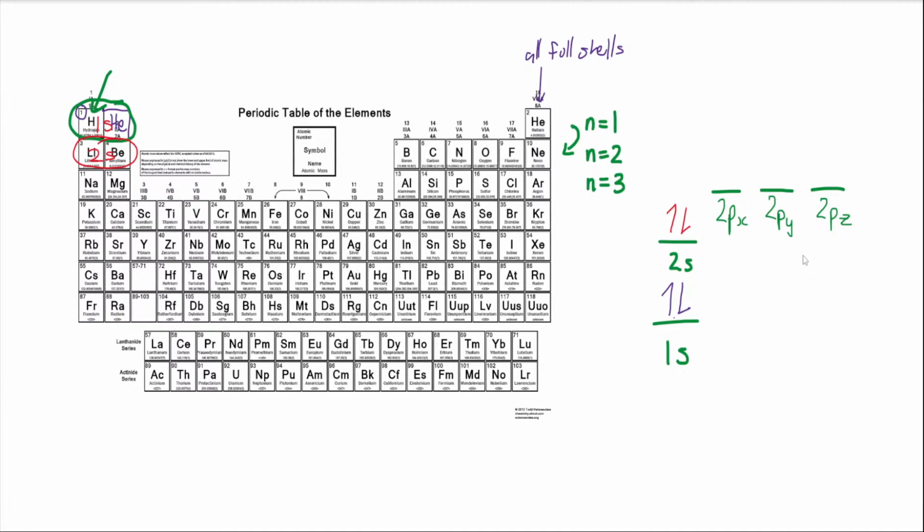And then what's after 2s? And how many fit into 2p? Yeah, 2 there, 2 there, 2 there. It's a total of 6. So this is the 2p. Once you know where you need to look, so this is the 3.